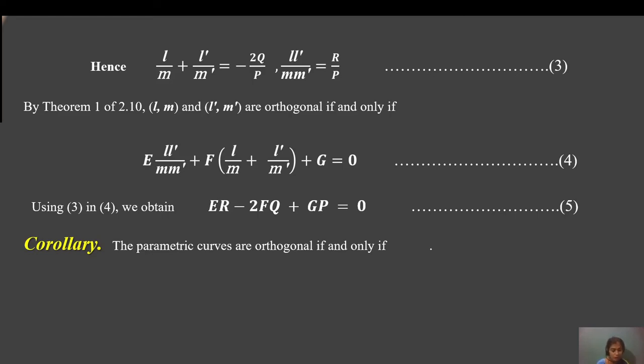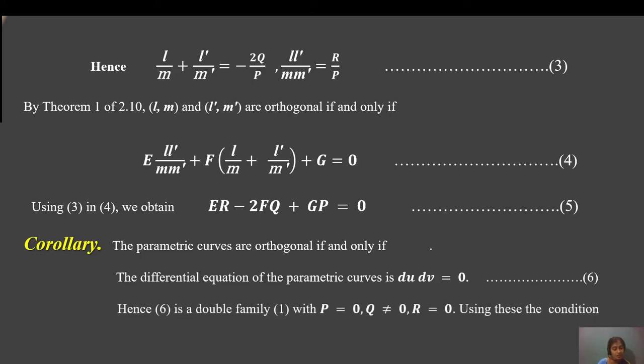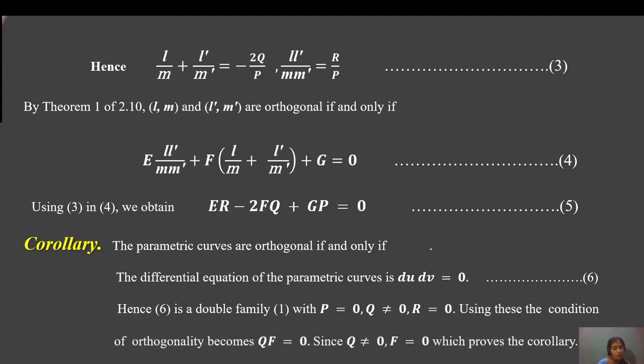The corollary states that the parametric curves are orthogonal if and only if the differential equation of the parametric curves, du into dv equals 0, is a double family with P equals 0, Q not equal to 0 and R equals 0. Only Q is not equal to 0. This condition makes orthogonality become QF equals 0. Hence Q is not equal to 0 and F equals 0, which is the proof of the corollary.